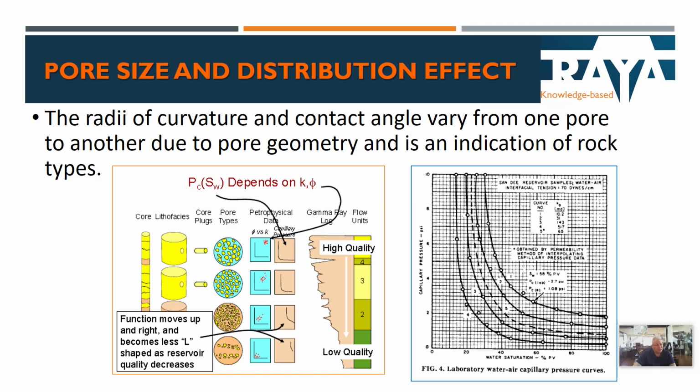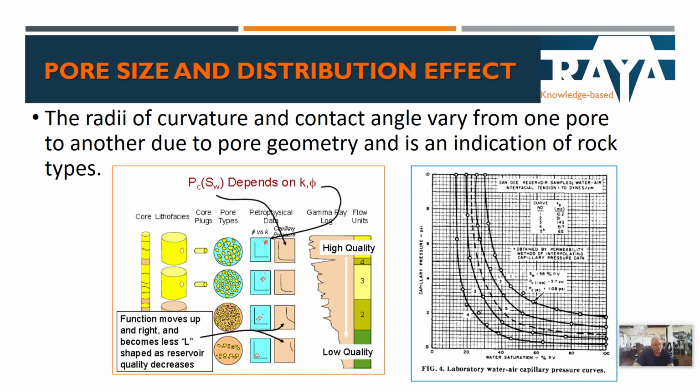With reducing rock quality, as you see in the figures below, the L shape changes, and the curve is less L-shaped and moves to the right side of the plot.